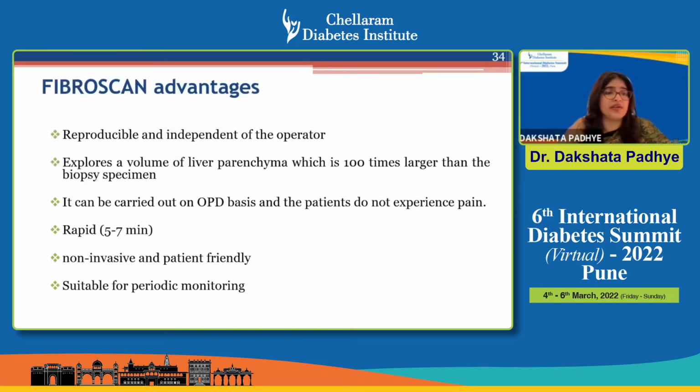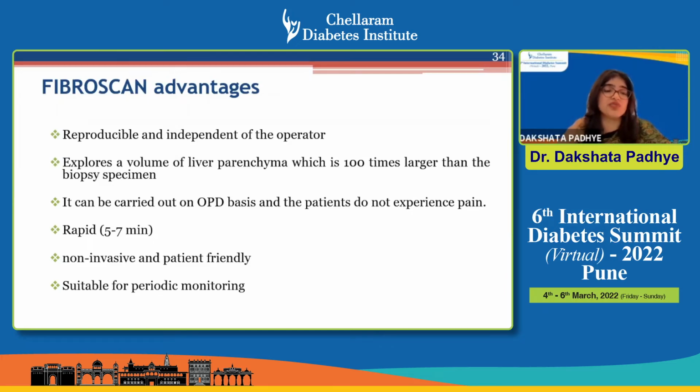Now, these are the advantages: reproducible and independent of operator. It explores a volume of liver parenchyma which is almost 100 times larger than a biopsy specimen. It can be carried out on an OPD basis, and patients do not experience any pain.